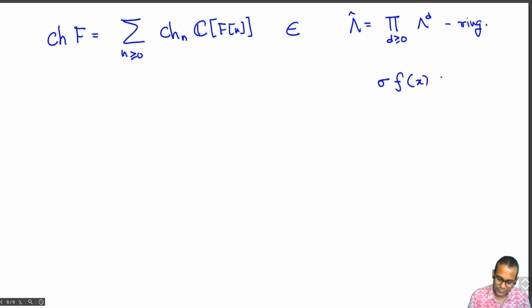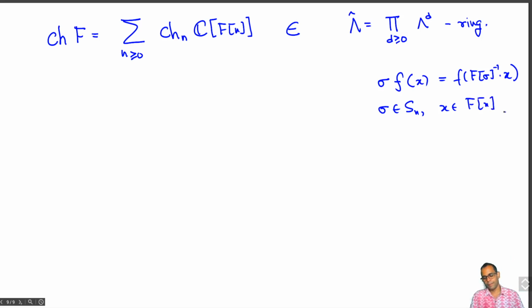If X lives in an Sn set, then you just do this, and this gives you an action, where I will be doing f of sigma inverse of X, for all sigma in Sn, X belongs to Fn. And that gives you a representation of Sn.